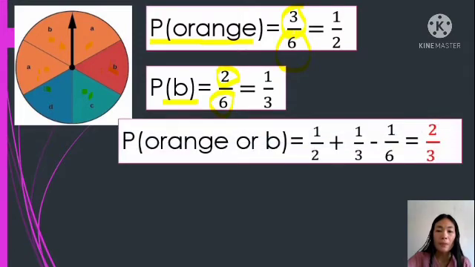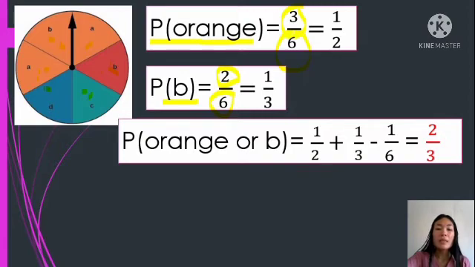Okay, so what is the probability of spinning an orange or B? Okay, so we know that in finding the probability of union of two events, we are going to add the two events minus the intersection of two events.